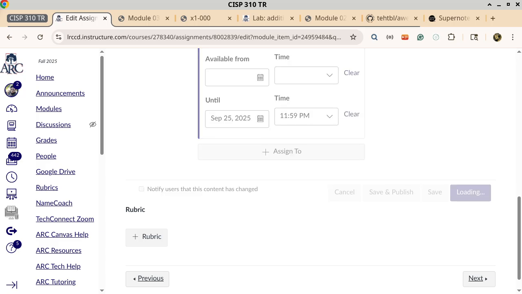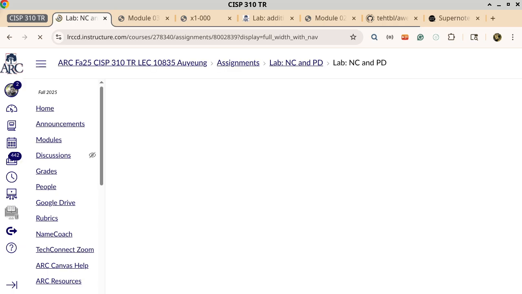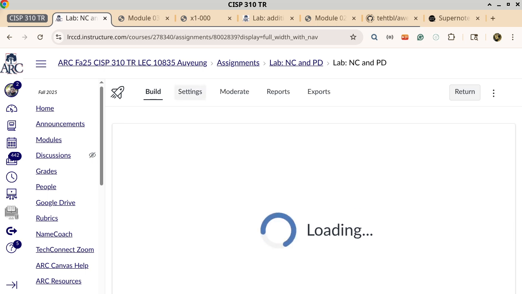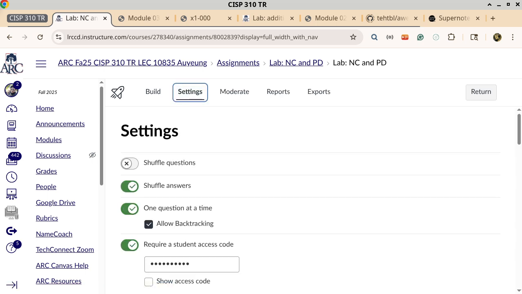Then go to build, go to settings. I just want to make sure that we get to see the access code. It is step master, because it's just like the exercise equipment Step Master. You are taking a step up and then a step down, a step up, a step down like that, when you're doing the trace.